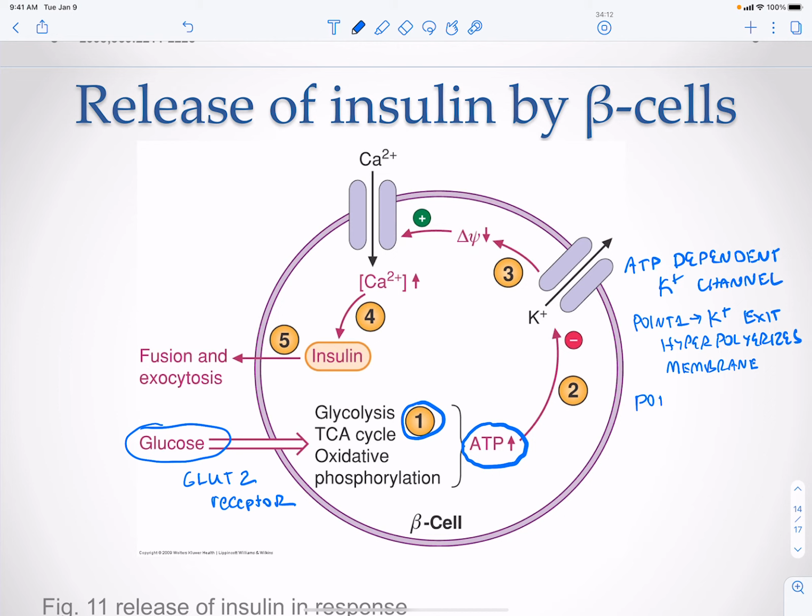Okay, point 2: closing the potassium channel depolarizes the membrane.